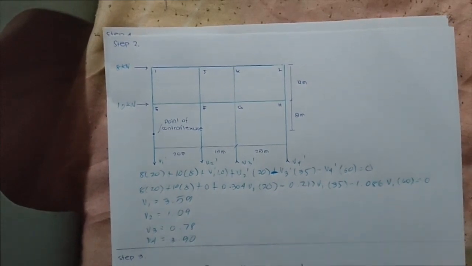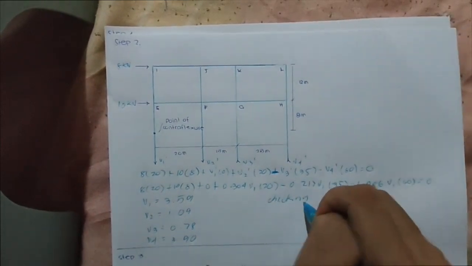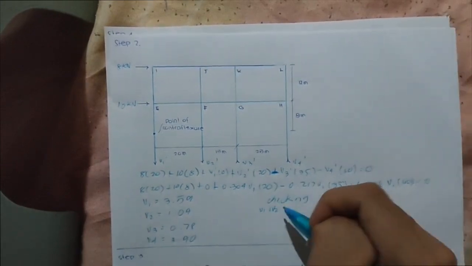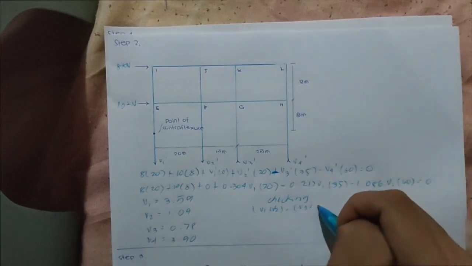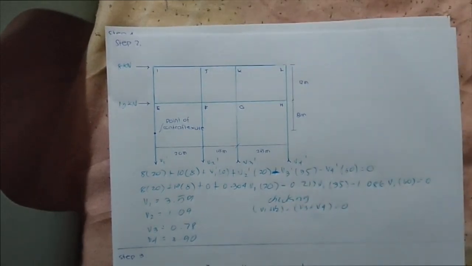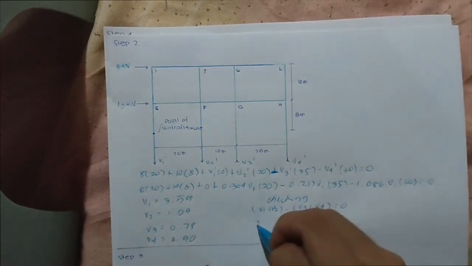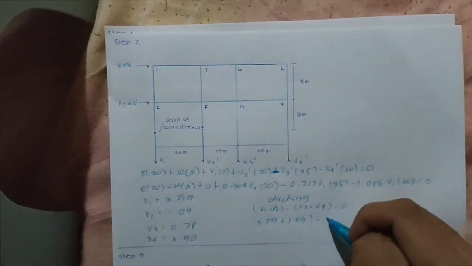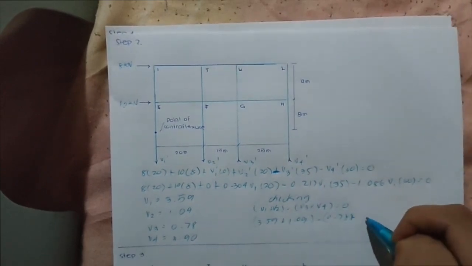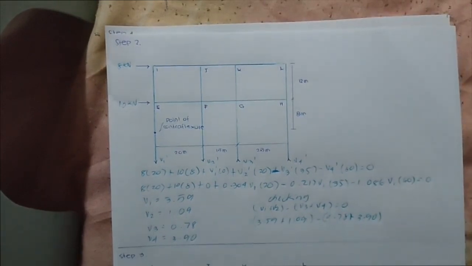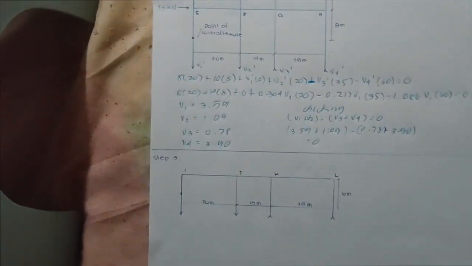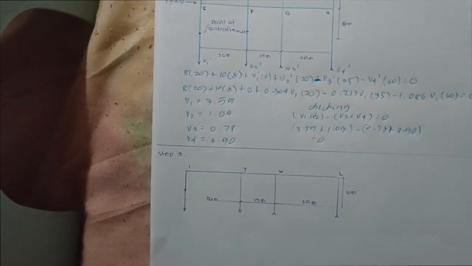So to check if what we got is correct, we check V1 plus V2 minus V3 plus V4, which should give 0. So 3.59 plus 1.09 minus 0.78 plus 3.90, input in the calculator, 0. So what we got is correct.